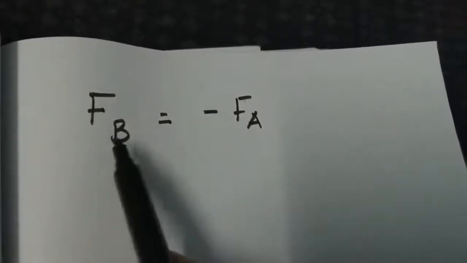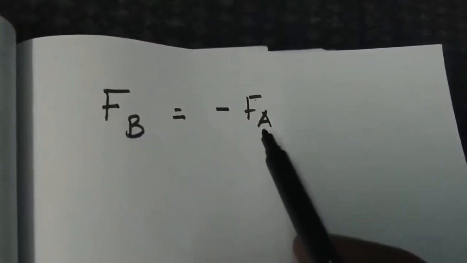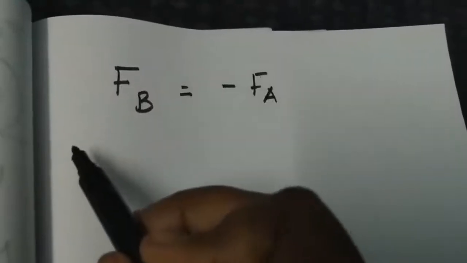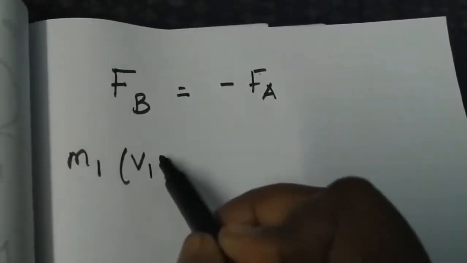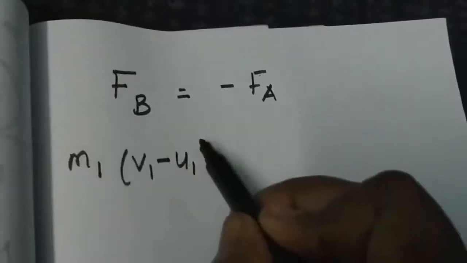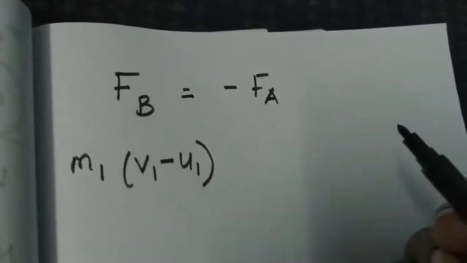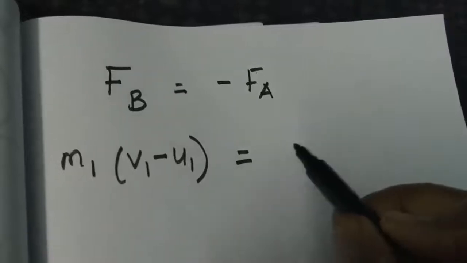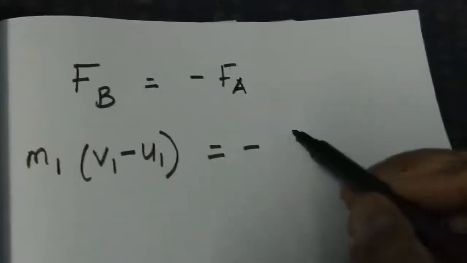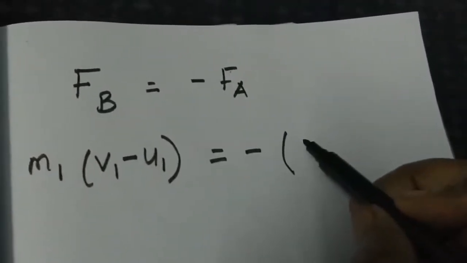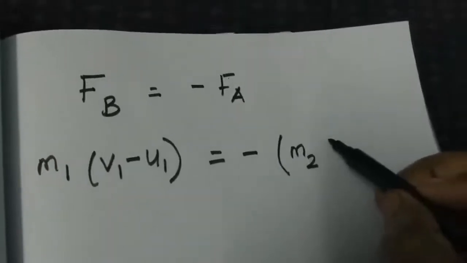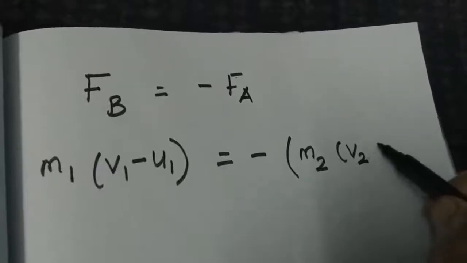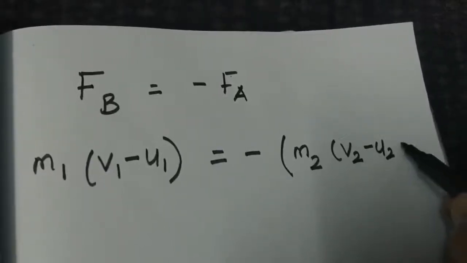Now we are going to substitute the values for Fb and Fa. For Fb, m1 into v1 minus u1 equal to minus Fa value, m2 into v2 minus u2.